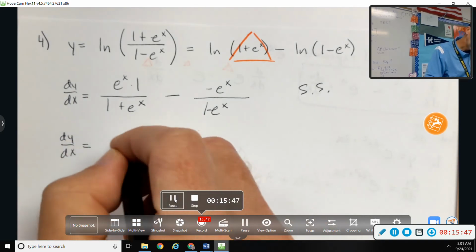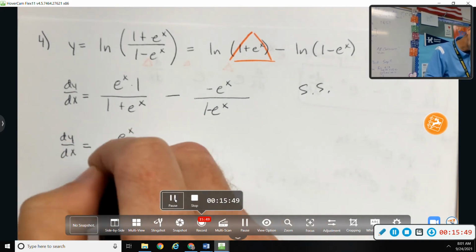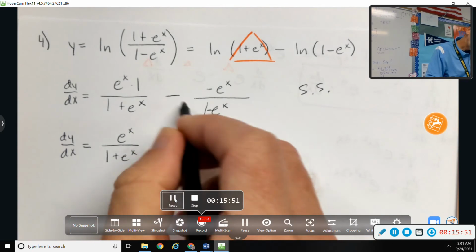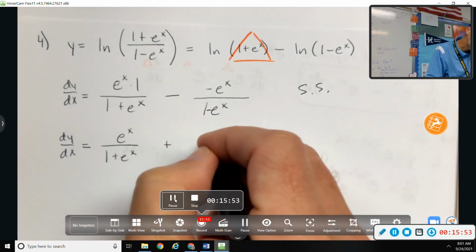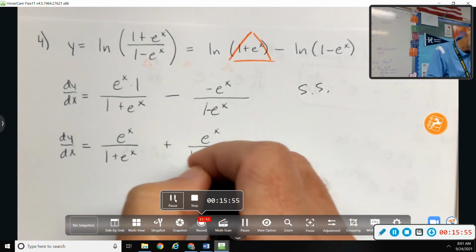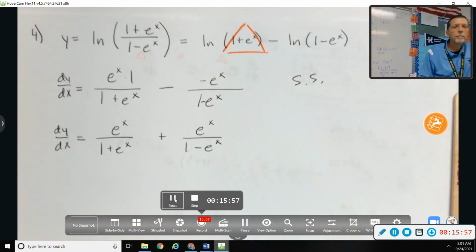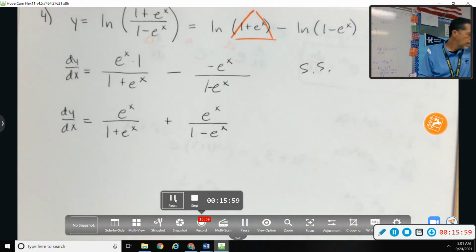But we can do a little bit of cleanup here. The minus minus becomes plus. But on your multiple choice test next week, that's not going to be the answer.